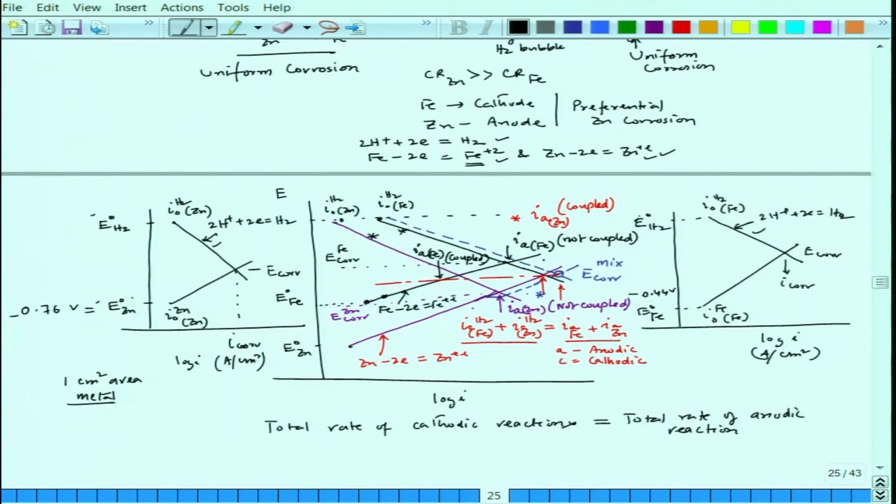Now, the interesting part is, let us see. It is very clear that I_A of zinc, when it is coupled with iron, has gone up compared to I_A zinc when not coupled.